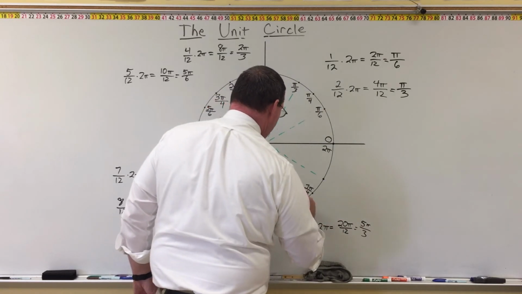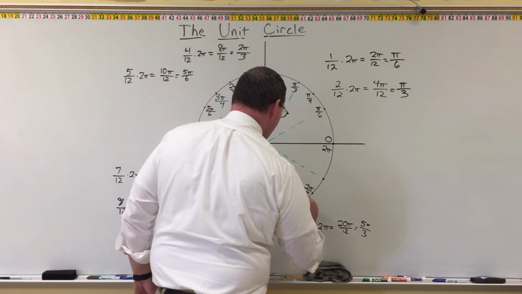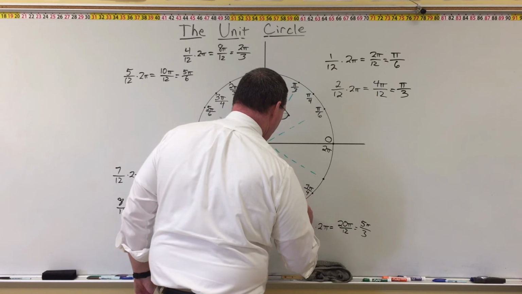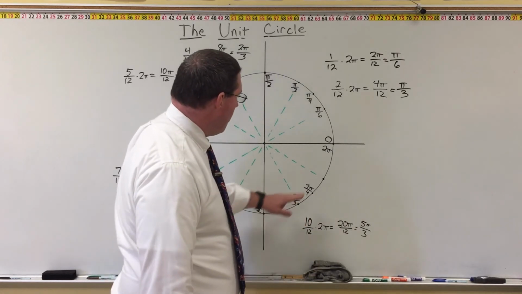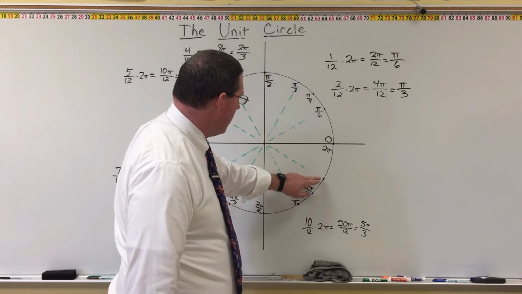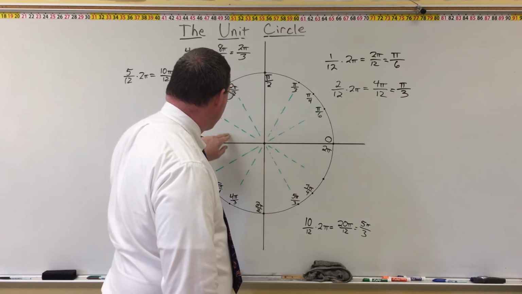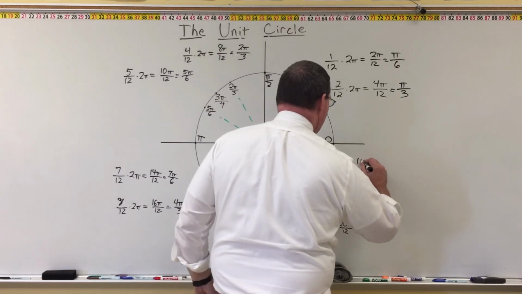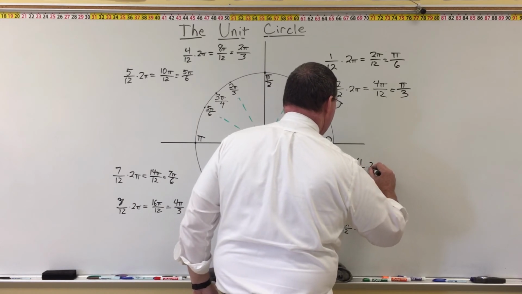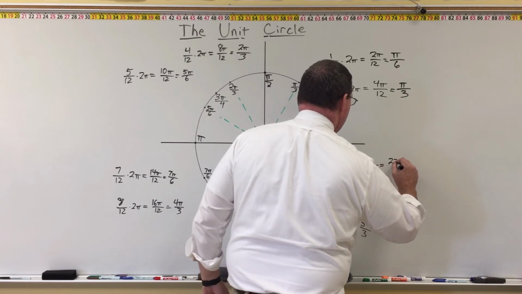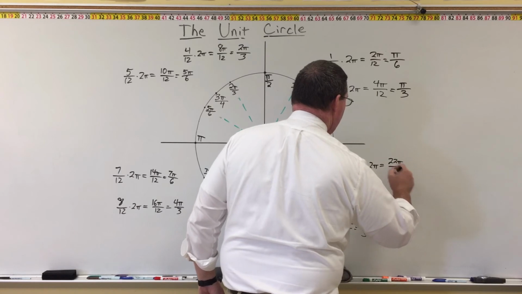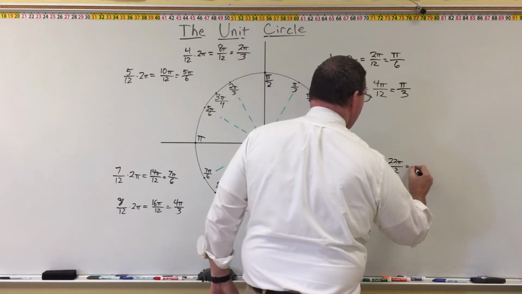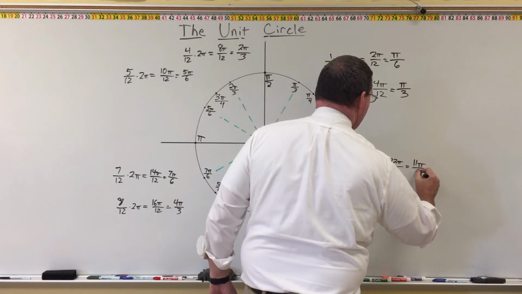So that's going to go right here. 5 pi over 3. And then the last one right here, we've got 1, 2, 3, 4, 5, 6, 7, 8, 9, 10, 11 slices. So we've got 11 slices out of 12 times 2 pi becomes 22 pi over 12, both divisible by 2, giving us 11 pi over 6.